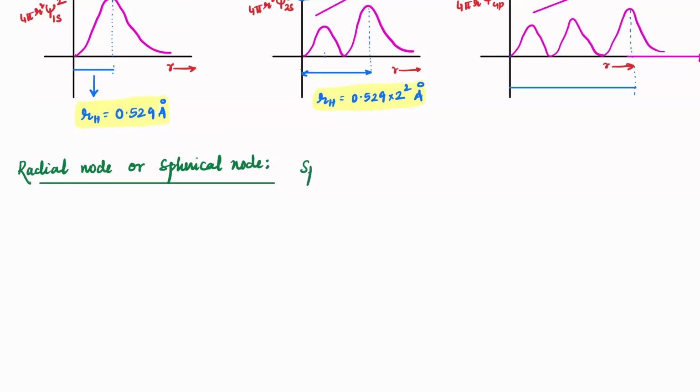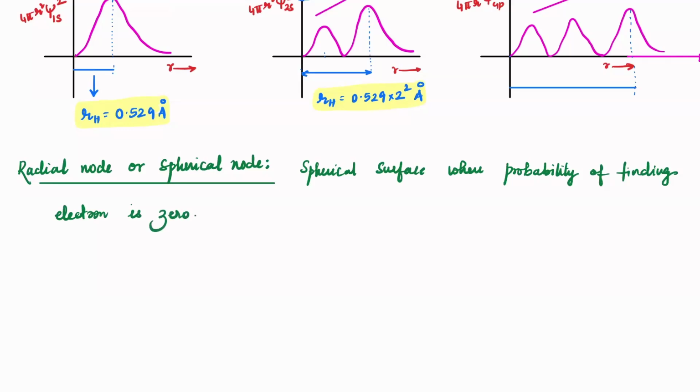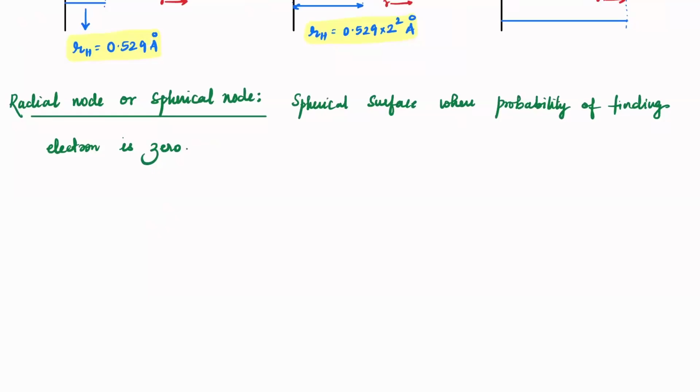A spherical surface where the probability of finding an electron is 0. Got it? This is called a radial node.